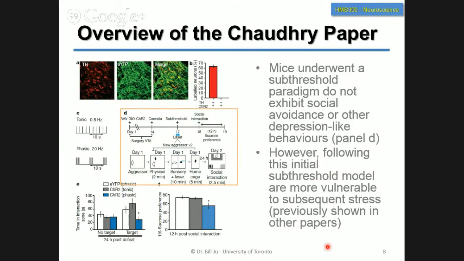However, one of the things that they found was that following this initial sub-threshold stress, where they're interacting but the interaction is mediated so they don't feel like they're vulnerable, they don't feel like they're being bullied, they are though vulnerable for more depression if they have increased stress later on. So it's like you're priming the system.